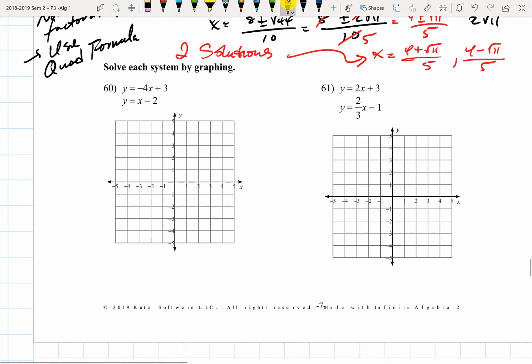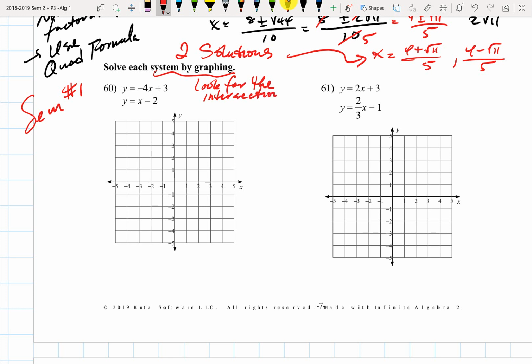Okay, going back to semester 1. Solving a system by graphing. Here you're looking for the intersection point. That's the solution. That's the key. So you graph them first.